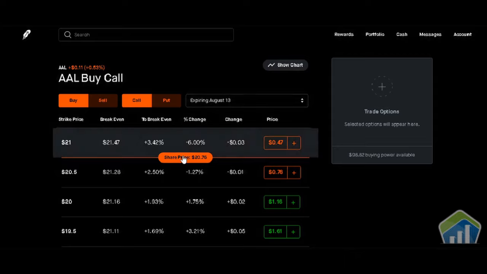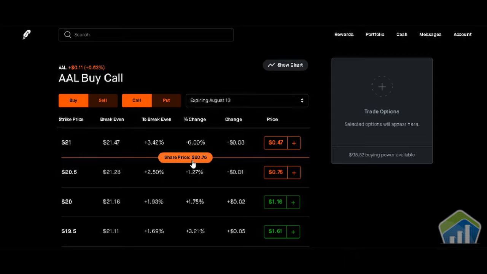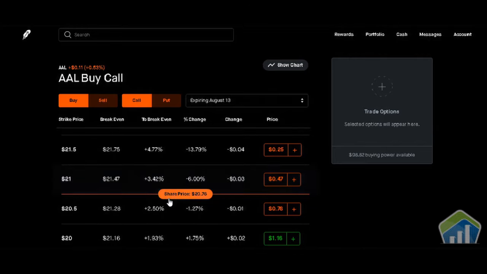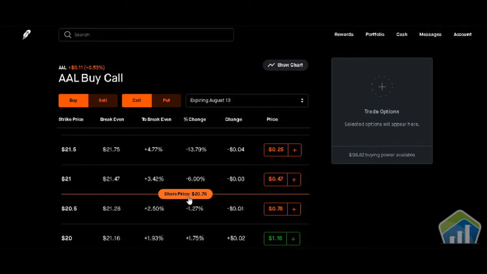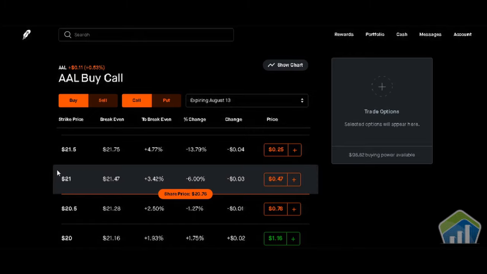So you bought the shares for $20.76, and what you're going to want to do is make sure that whatever contract you decide to pick is above the $20.76 mark, right? So you have strike price, break even, to break even, percentage change, and price, right? The strike price is going to be the price that you are willing to sell at.